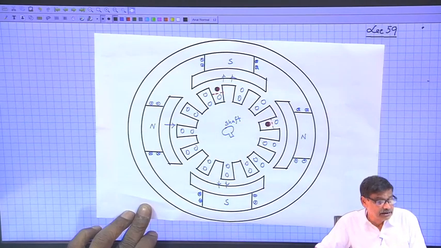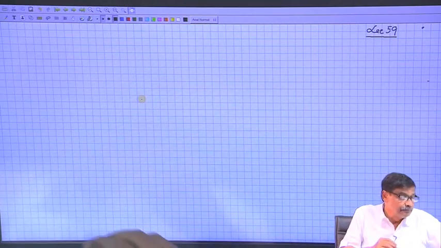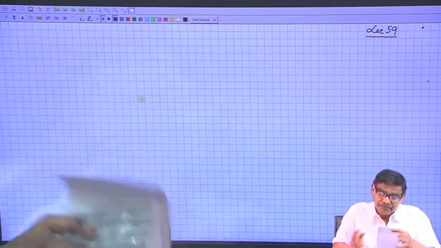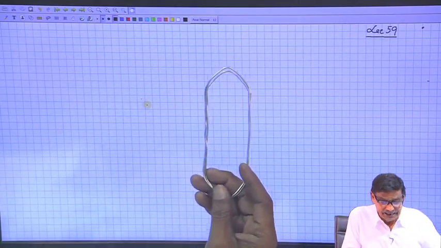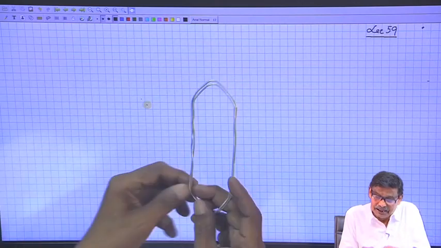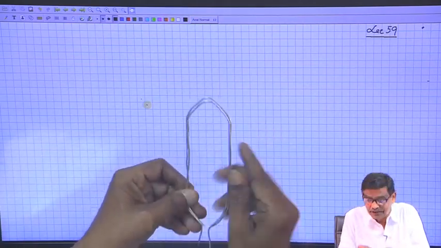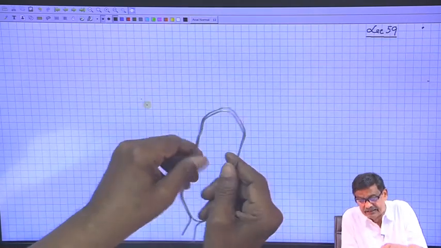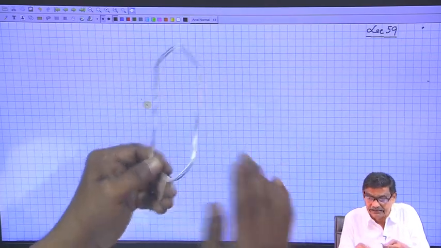In other words, what I am trying to tell, in terms of this diagram, this is the coil. When I make this coil, I do not make these 2 coil sides planar in one plane. What I will do is, I will place this coil side a little higher than this. Are you getting?